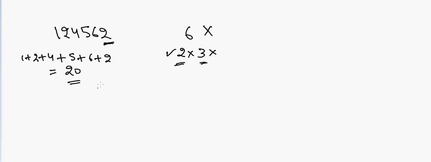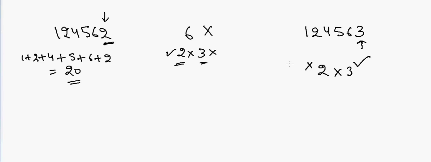We can modify this by adding one more number. If I add one more number here, it becomes 124563. But now this number is divisible by 3 but not by 2, so it still will not be divisible by 6.